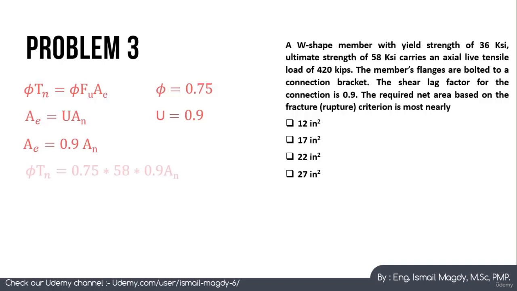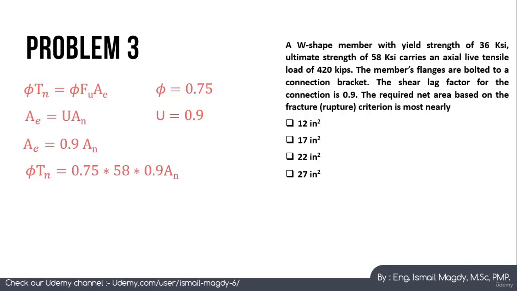After that, we can calculate phi Tn, which will equal 0.75 multiplied by 58, which is the F ultimate. You need to take care that here we use the F ultimate, not the F yield. So we will use 58 multiplied by 0.9 A net. But what does phi Tn equal? We know that the load is given, which is 420 kips.